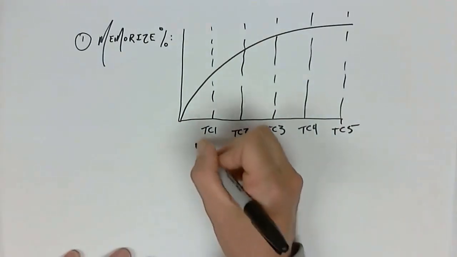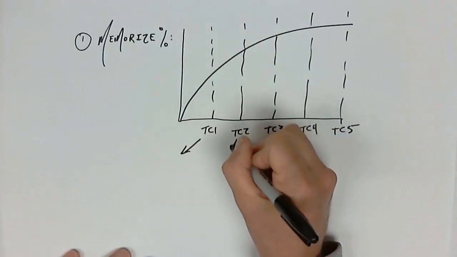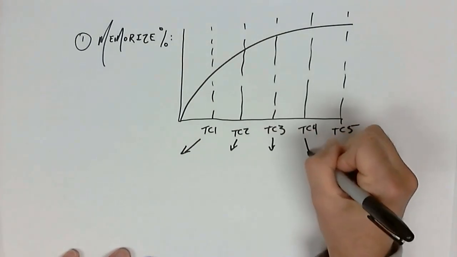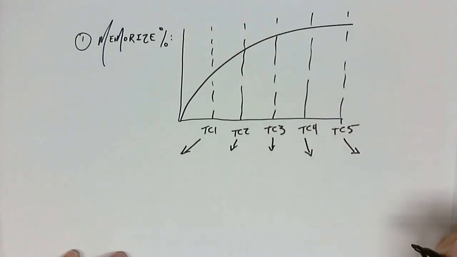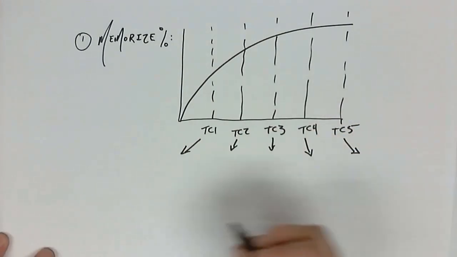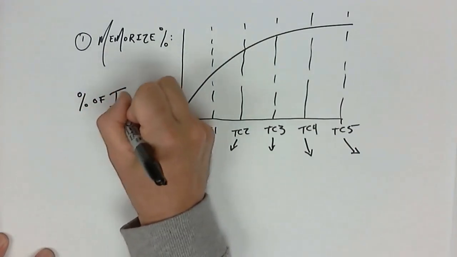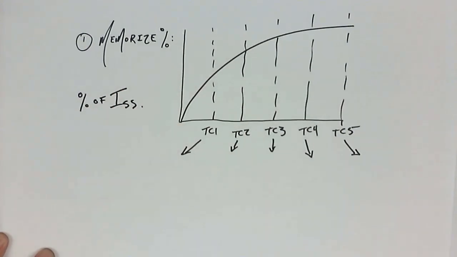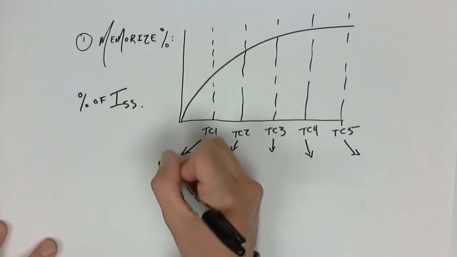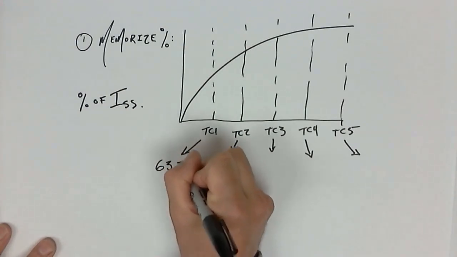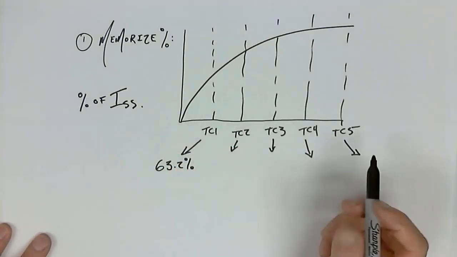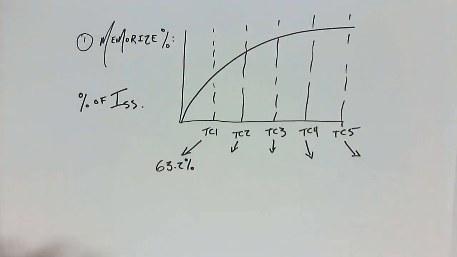And what we can do is memorize the percentages for each one of these. And the percentage is the percent of steady state. So at time constant 1, it would be 63.2% of the steady state value of current.